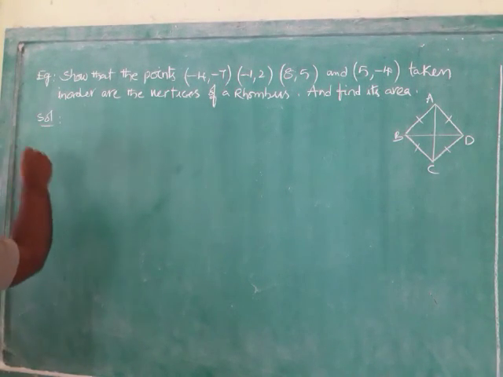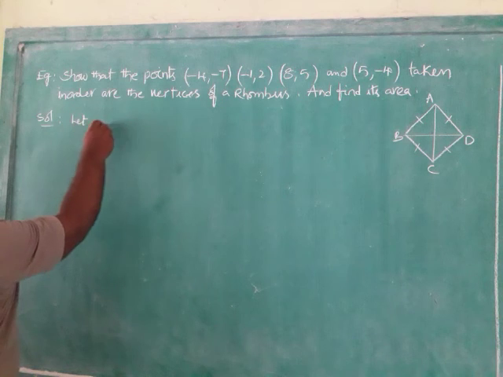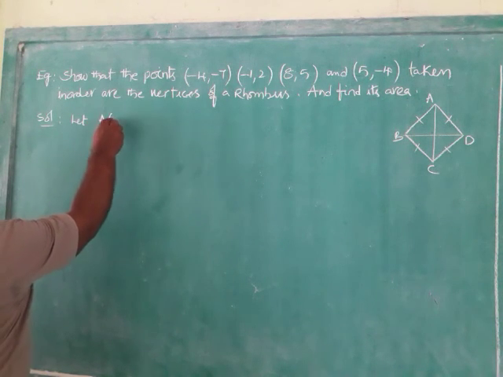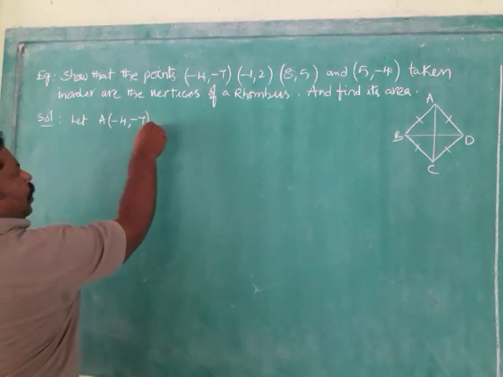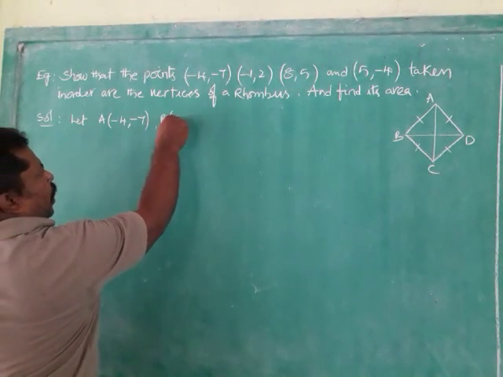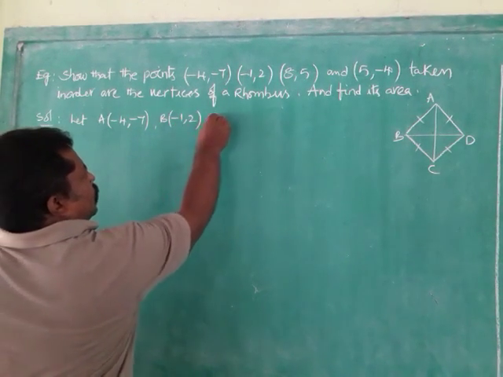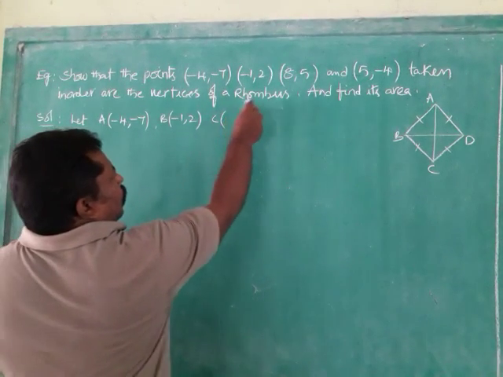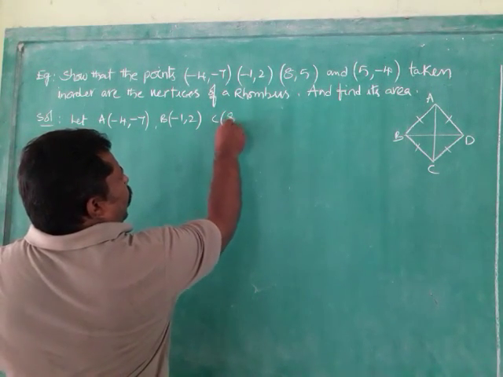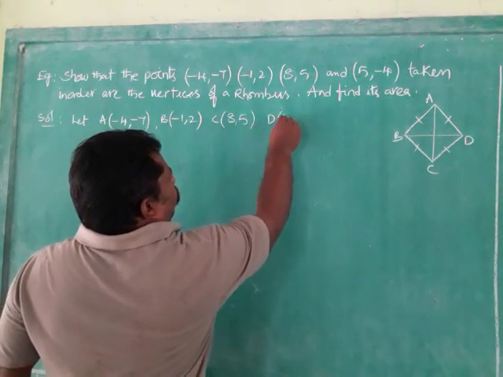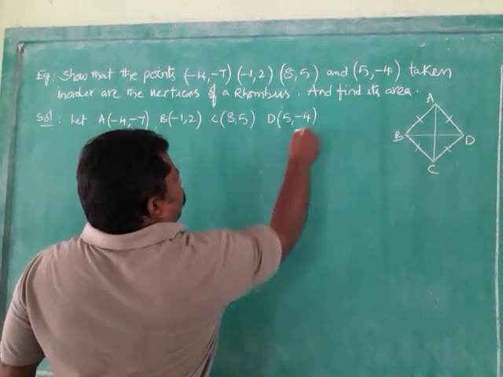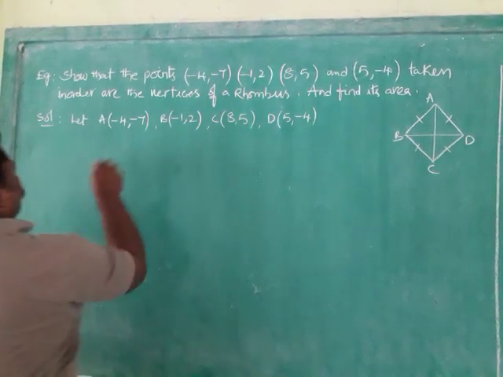Okay, now see here, solution. Let A be minus 4 comma minus 7, B minus 1 comma 2, C 8 comma 5, D 5 comma minus 4.